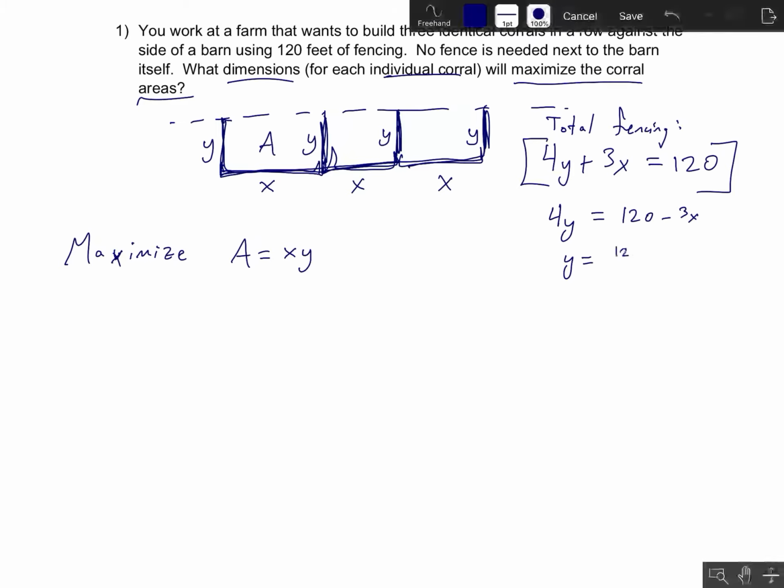And then dividing both sides by 4, I get that y, the height of each of the corrals, has to equal (120 minus 3x) divided by 4. Or if you'd like, we can divide each of the terms in the numerator by 4. This would just be 30 minus 3/4 x. So now that we know the value of y in terms of x, we can come back over here to the function A, and we can rewrite this y as 30 minus 3/4 x.